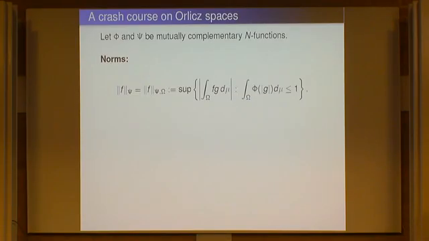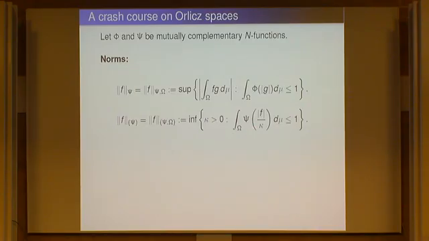When you have a pair of those dual, mutually complementary N-functions, you can define your Orlicz space either using Hahn-Banach, so the norm will be the supremum of this where g satisfies this condition, or you can do it more explicitly without involving the dual function.